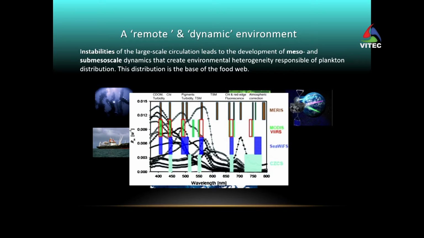Luckily, we have had the improvement of some technologies in the last few decades. Satellites are able to detect, through the use of different light spectra, different functional groups of organisms that are in the water.